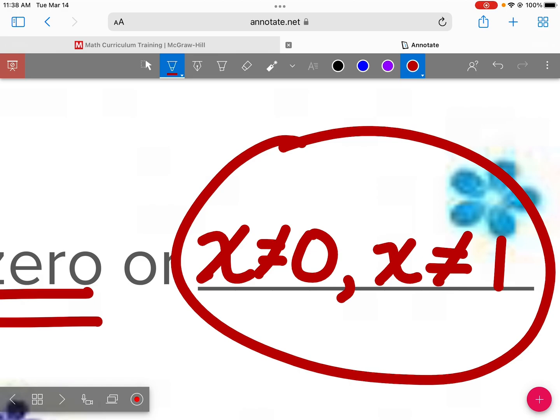Just do the numerator for right now. Factor the numerator on the check problem, please.